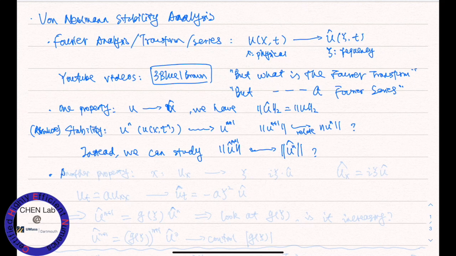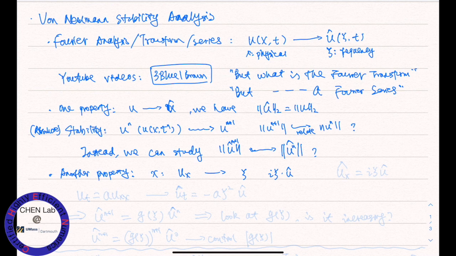Maybe another property. I just said one, but we essentially need two. The nice thing about the Fourier transform is that in the physical domain for x, if you take one derivative of x, this corresponds in the frequency domain c to multiplying your function by i c, i c times u hat.